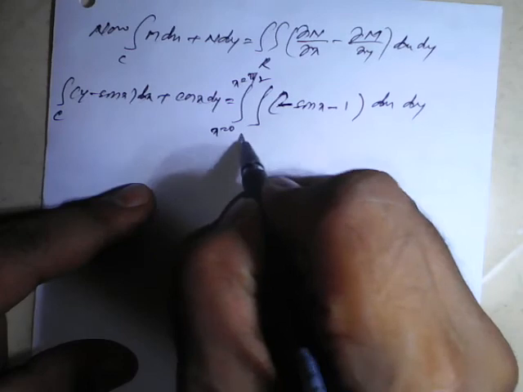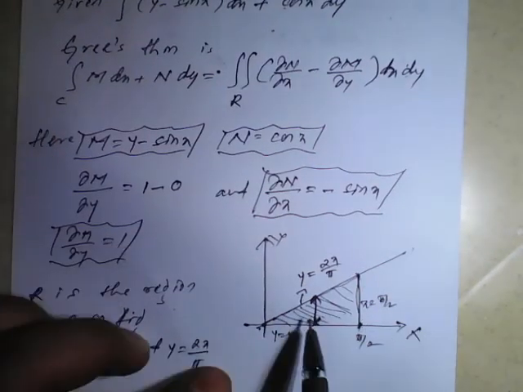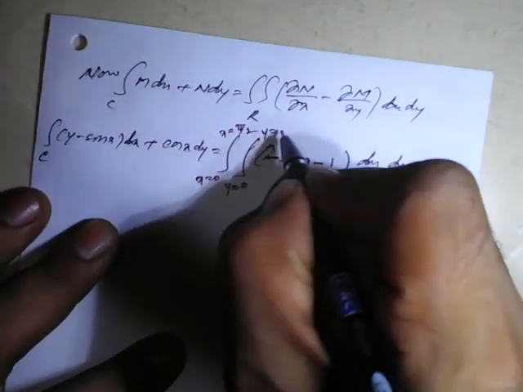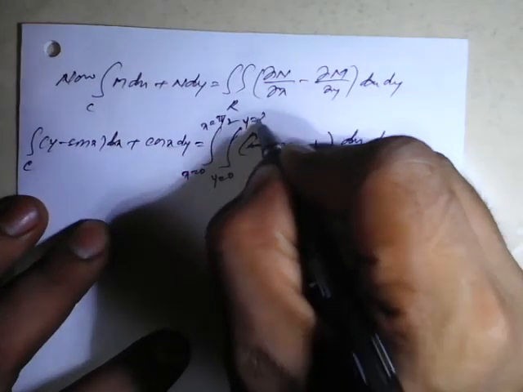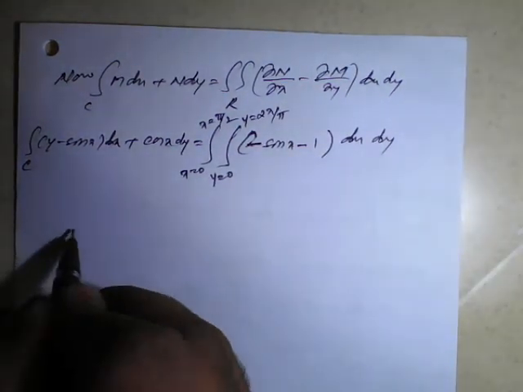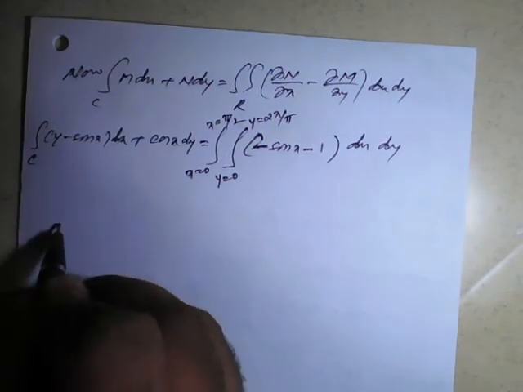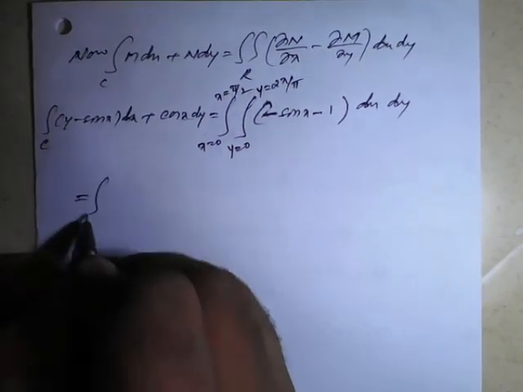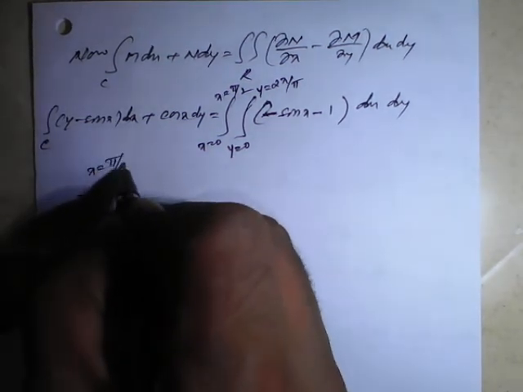For the second integral, y is from 0 to the upper part, which is 2x upon pi. So we'll simplify the integral. The left hand side stays as it is, and the right hand side in simplified form is the integral with x from 0 to pi by 2.